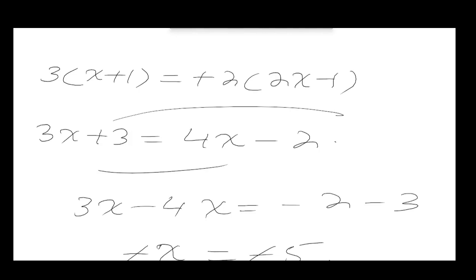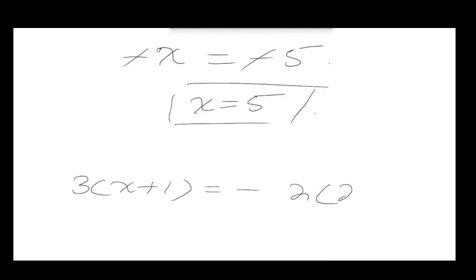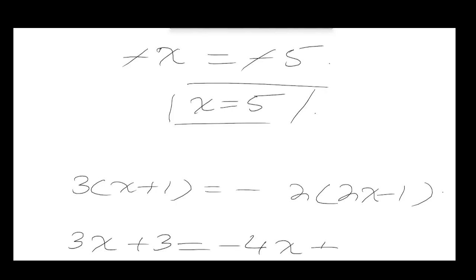Okay, so instead of the sign positive, what if it is now negative? So we're gonna write 3 bracket x plus 1, and this will be equal to negative whatever else was on the right side. So we had 2 bracket 2x minus 1. So we're gonna write 3x plus 3. This will be equal to negative 4x added with 2.